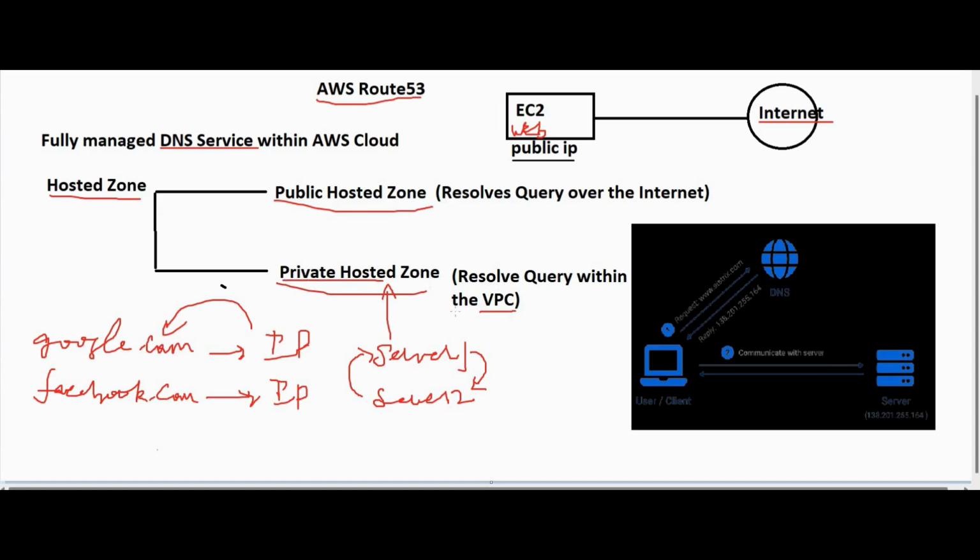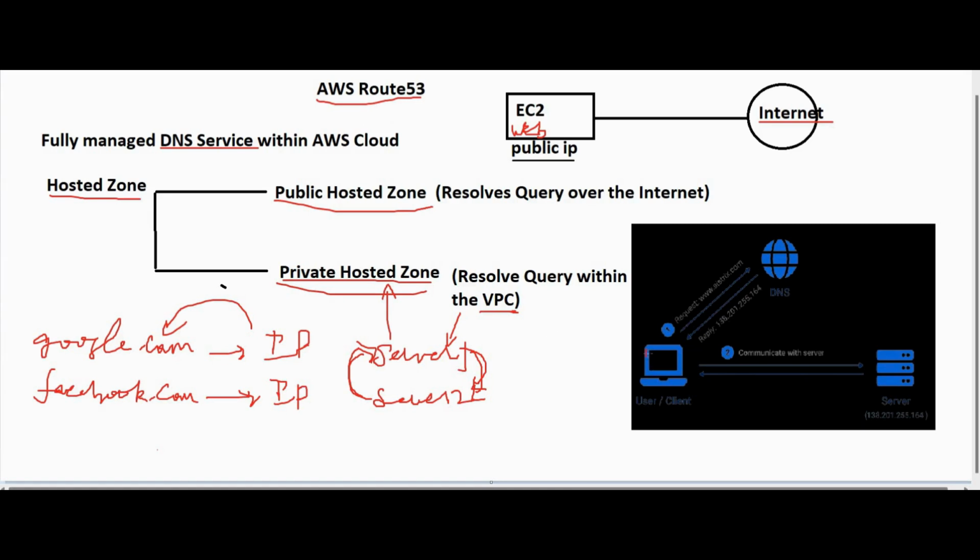It can be accessed only within the VPC. So server 1 can access server 2 and server 2 can access server 1. These are the two types of hosted zone in Route 53.